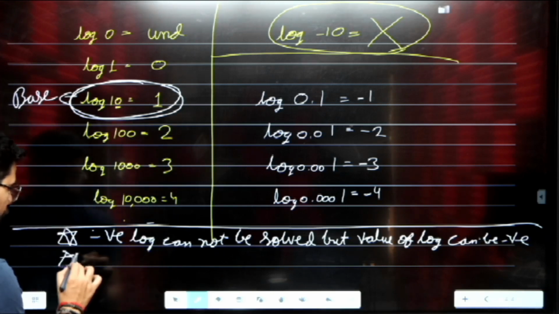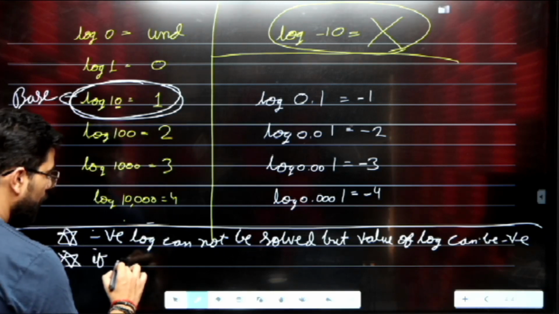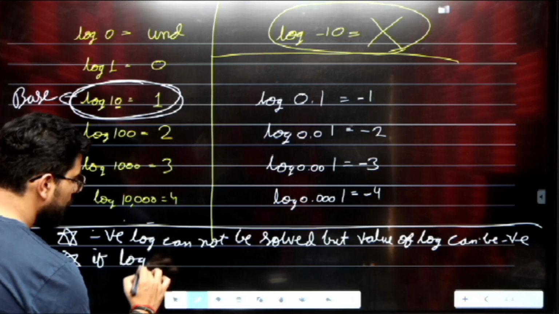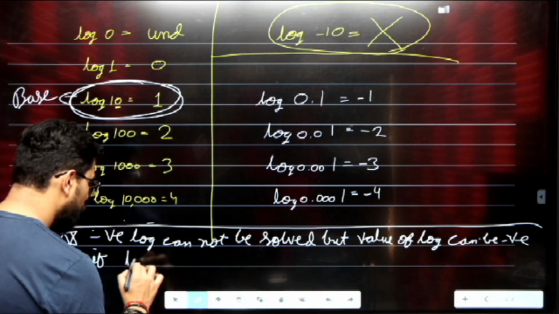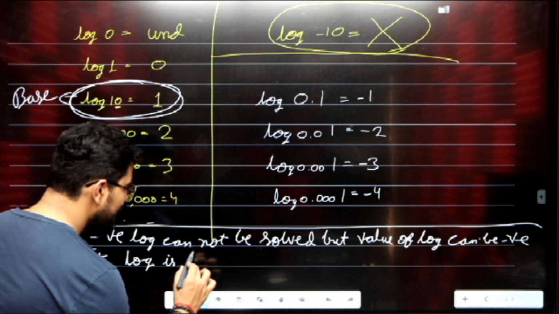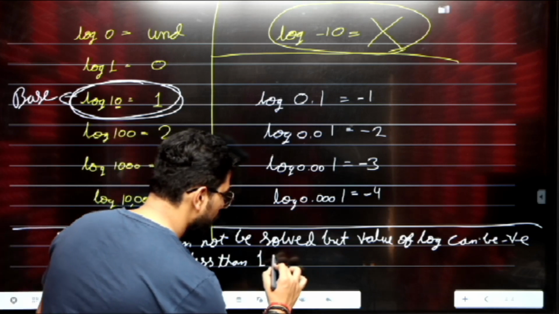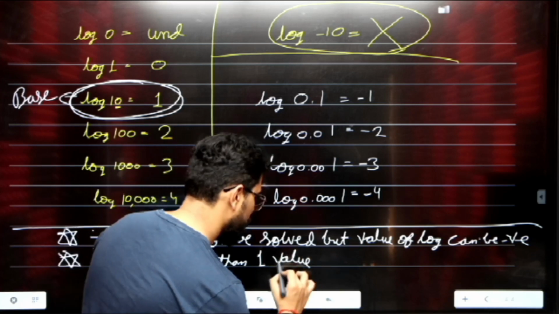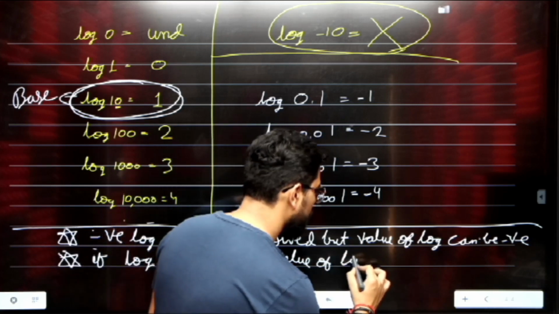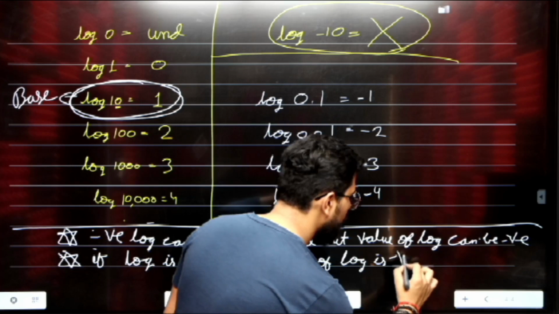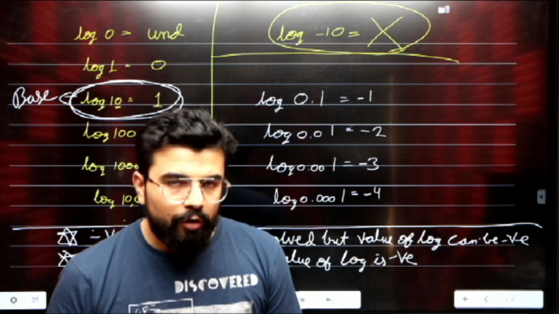Second point. If the number in the log is less than 1, the value of log is negative.